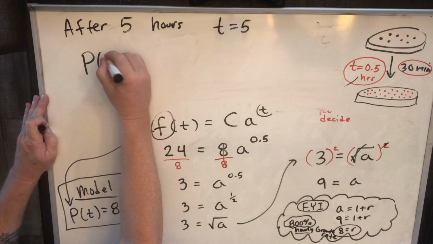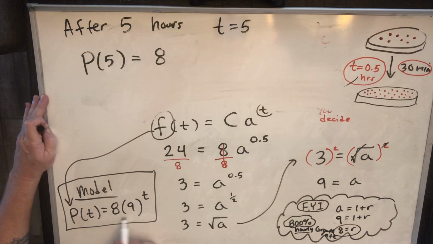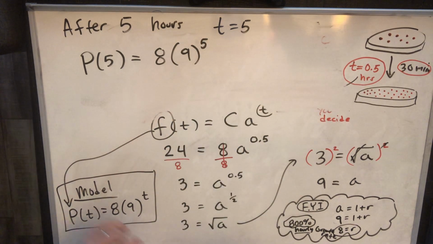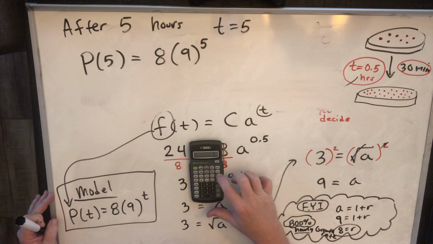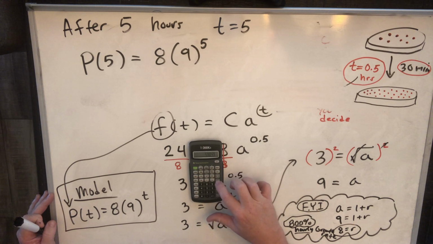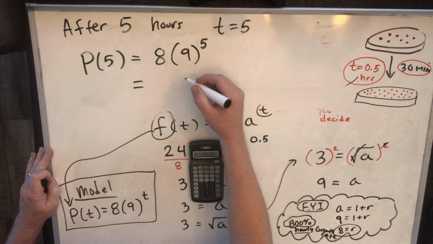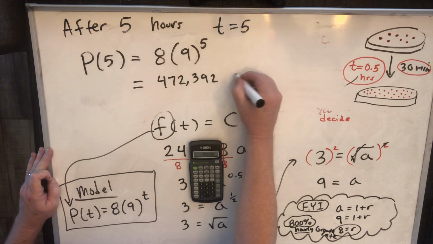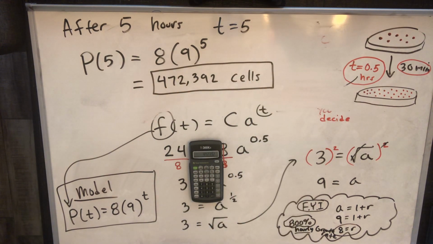So I've got P of 5, the population after 5 hours. Be careful with the 8 and the 9. Keep them separated. The 9 goes first, and then you multiply by 8. You're going to get a very large number here. Let's see. 9 to the 5th power times 8. 472,392 cells. That's how many after 5 hours.